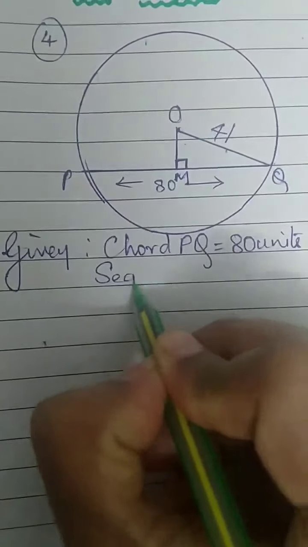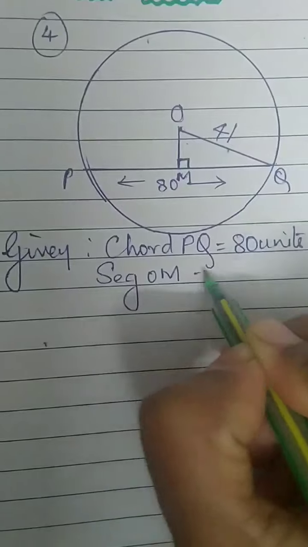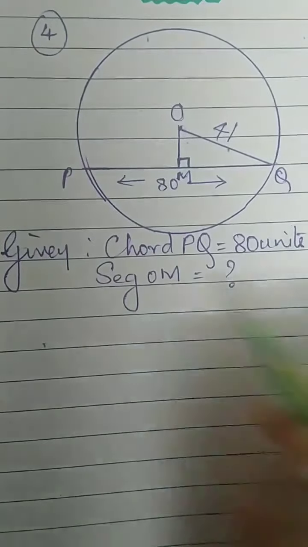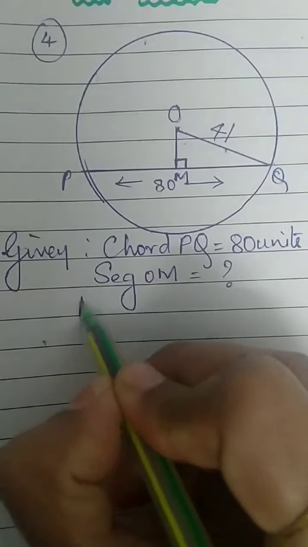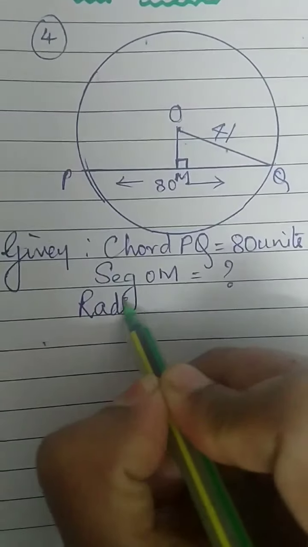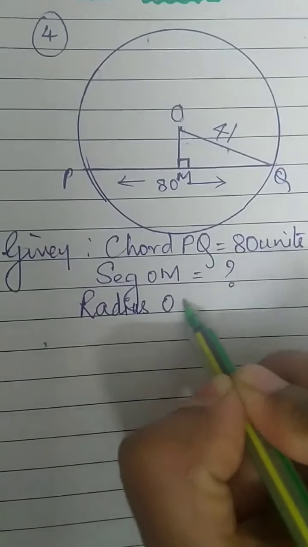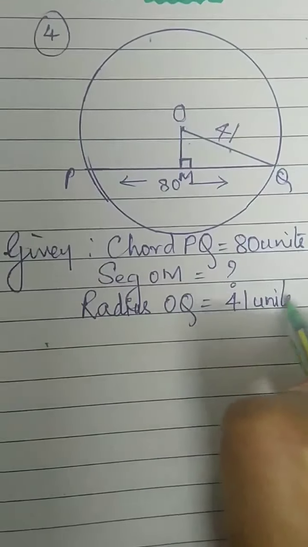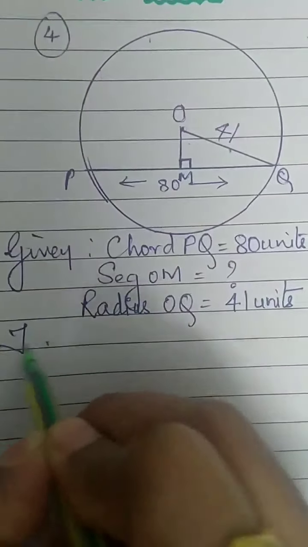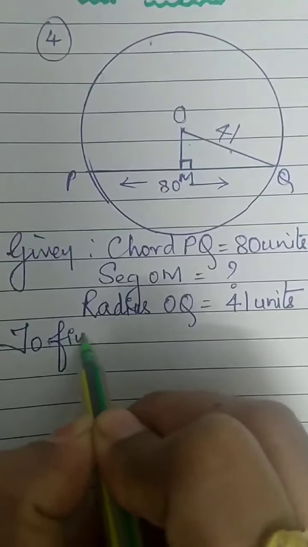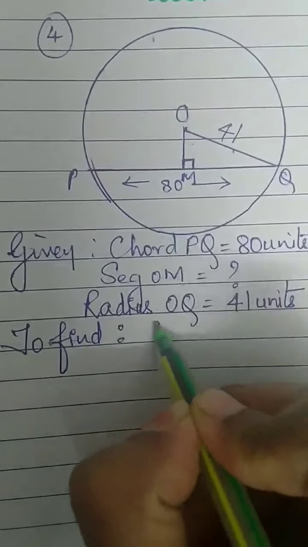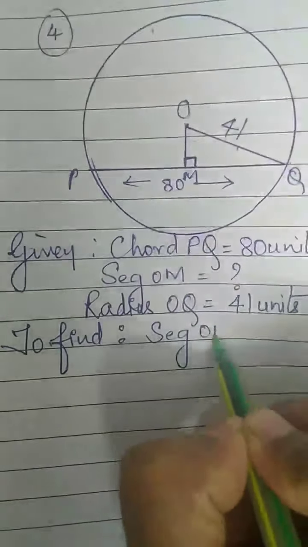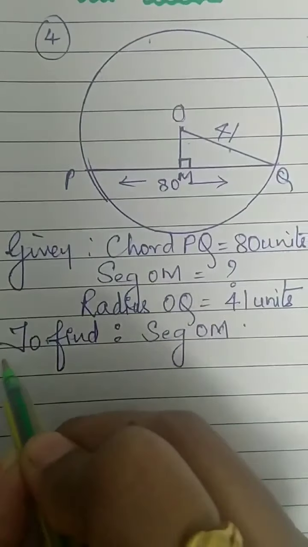Segment OM is equal to question mark, that we have to find, and radius, or you can write segment also, radius OQ is equal to 41 units. This is to find, I'll write that separately. To find: segment OM is to be found.